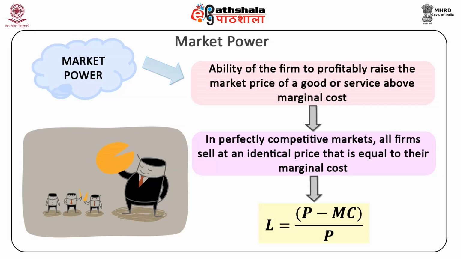When P = MC, the perfectly competitive firm is selling a homogeneous product, then L = 0. If P > MC, then L > 0, which is an indicator of market power, and one may think of the opposite of competition, monopoly, which is a single seller of a distinct product without close substitutes.